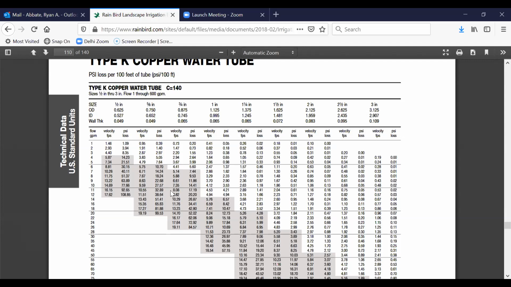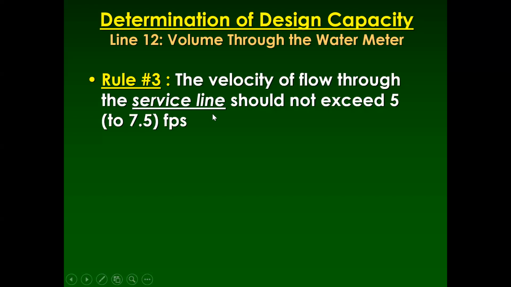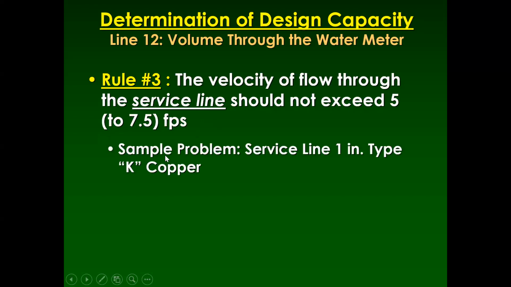So this would be our maximum flow through this pipe without pushing past 7.5 feet per second. Does that make sense to you guys? So that velocity should not exceed 7.5 feet per second.